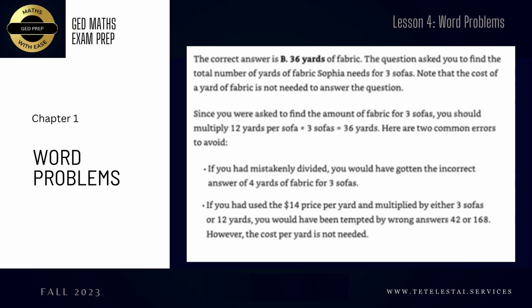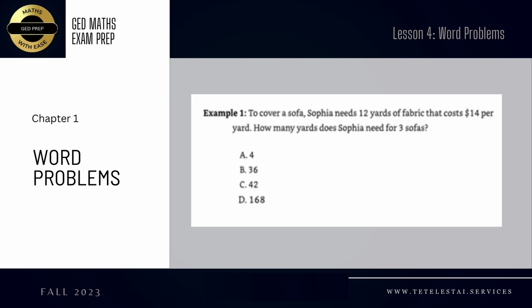How many yards does she need? You don't want to divide here, right? What you want to do is multiply, because if you have 3 sofas and each one needs 12 yards, the first sofa will need 12, the second sofa will need 12, and the third sofa will need 12. So 12 times 3 is 36, not 12 divided by 3, because you would get 4 yards, and that would not be enough for 3 sofas.